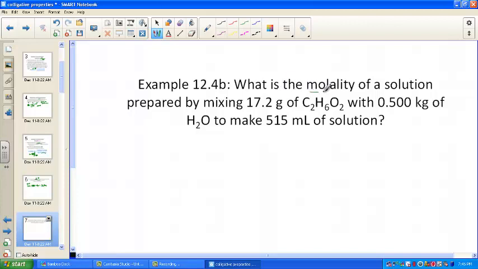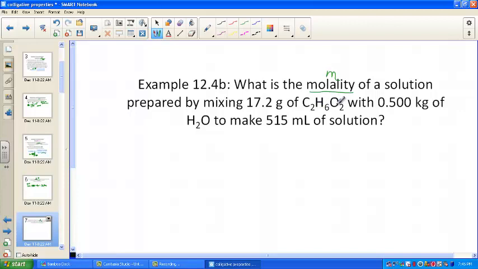What if we're asked to calculate molality of a solution? And that symbol is little m. I'm going to try to make that a little cursive sign so we can see little m, molality. We're preparing 17.2 grams of ethylene glycol. And this is radiator fluid, C2H6O2.